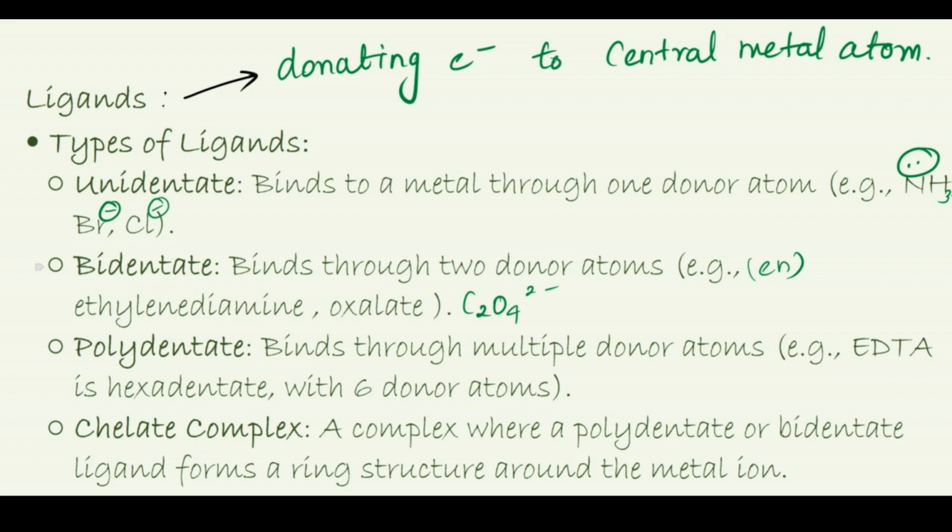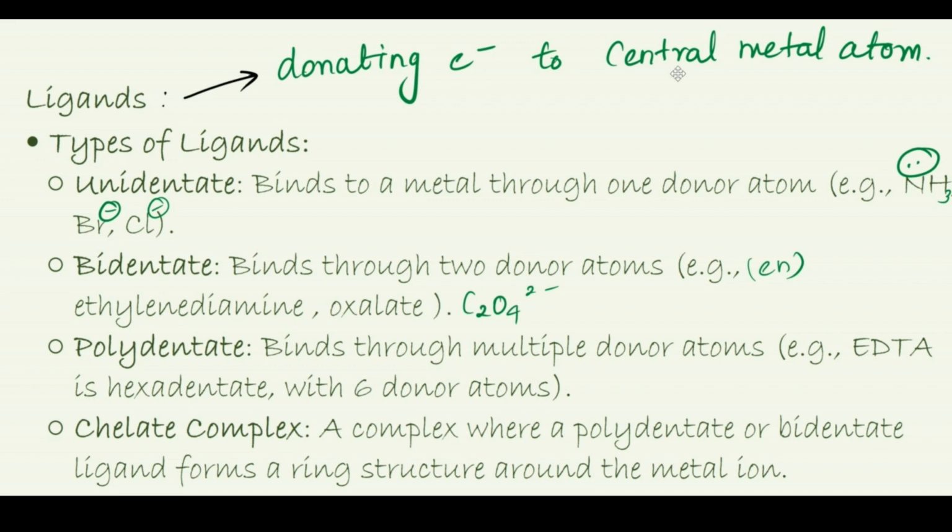It is the complex where polydentate or bidentate ligands form a ring structure around the metal ion. Wherever chelation happens, wherever chelating ligands are there, that complex would be much more stable than others because it forms a ring which makes it more stable. Ring formation is nothing but chelation.